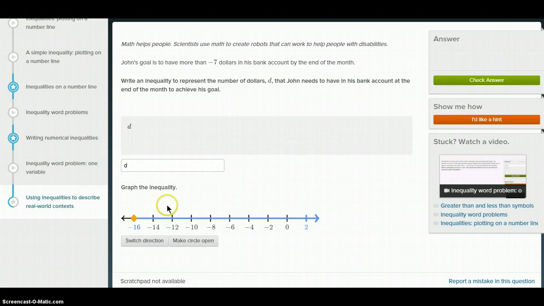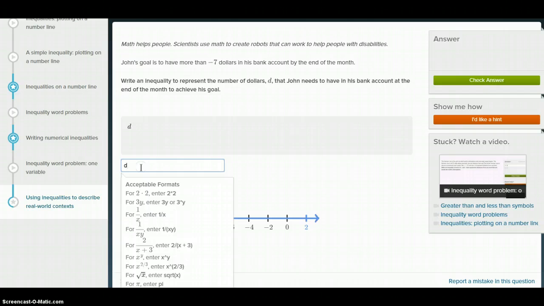Let's not make the same mistake. So we're going to put this over to -7, halfway between -6 and -8. And he wants to have more than, so it's not going to include -7. And the arrow is pointing in the right direction. It's pointing at values greater than -7 because he wants to have more than -7. So D is greater than -7.